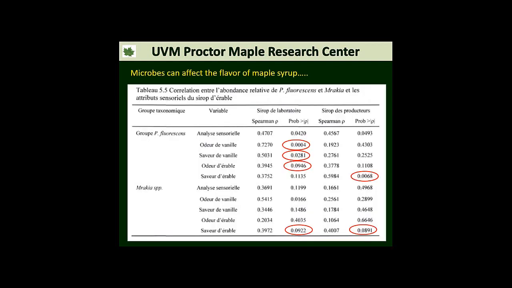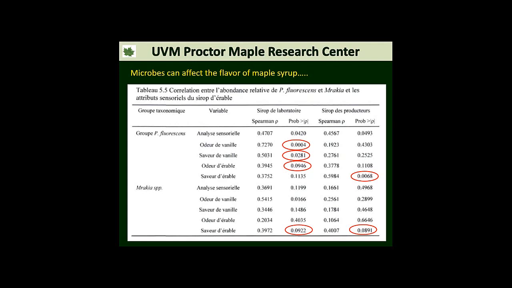This is a study that was done in Quebec as well, where they took sap and added two different microorganisms separately. They added the Pseudomonas fluorescens I mentioned, or they added this Machia.